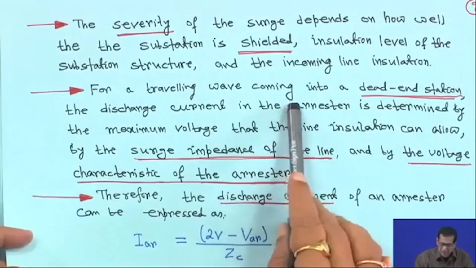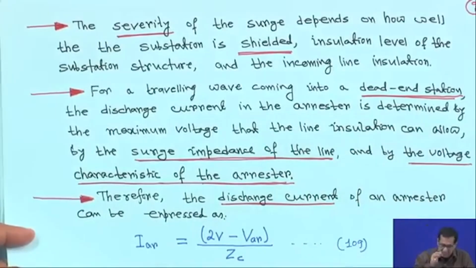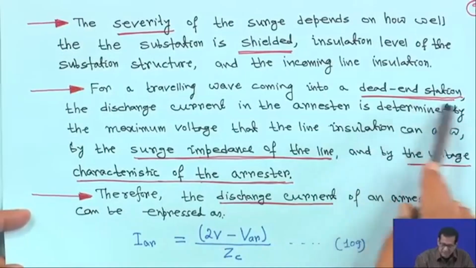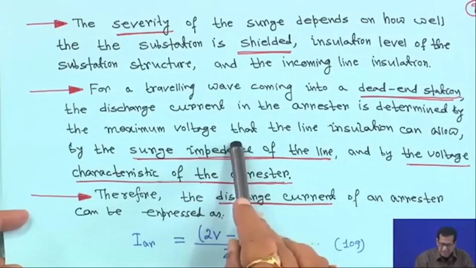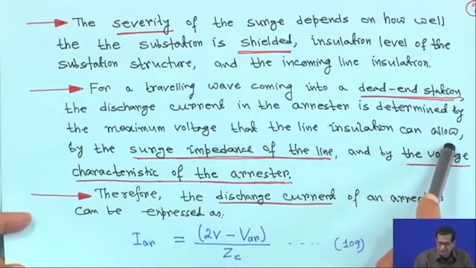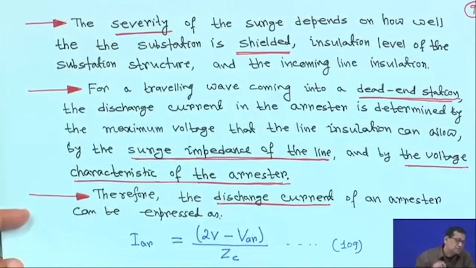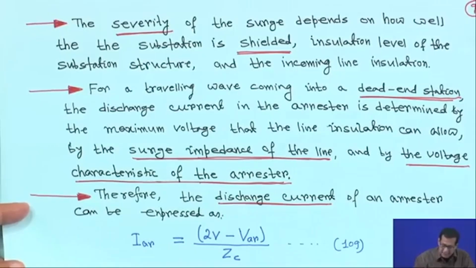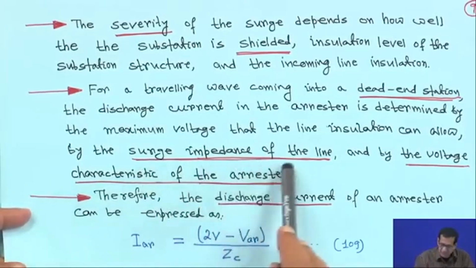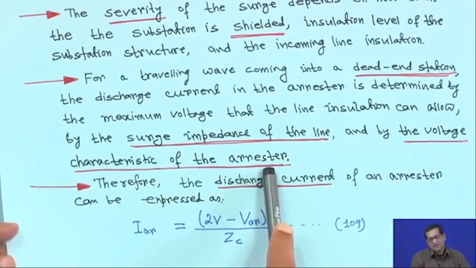For a travelling wave coming into a dead end station, that is, coming at the substation end, right, the discharge current into the arrestor is determined by the maximum voltage that the line insulation can allow, right. Whatever is the maximum voltage or stress that the line insulation can allow, based on that only the lightning arrestor current is determined, by the surge impedance of the line and by the voltage characteristic of the arrestor, right.